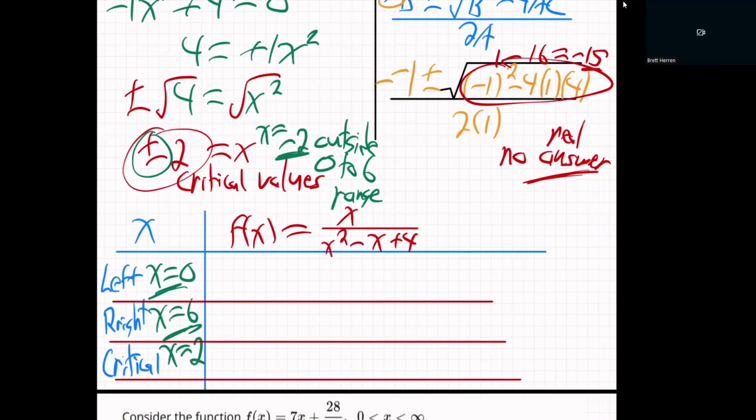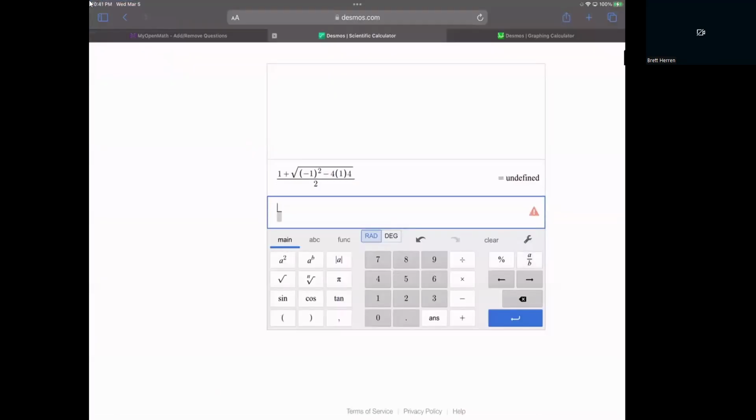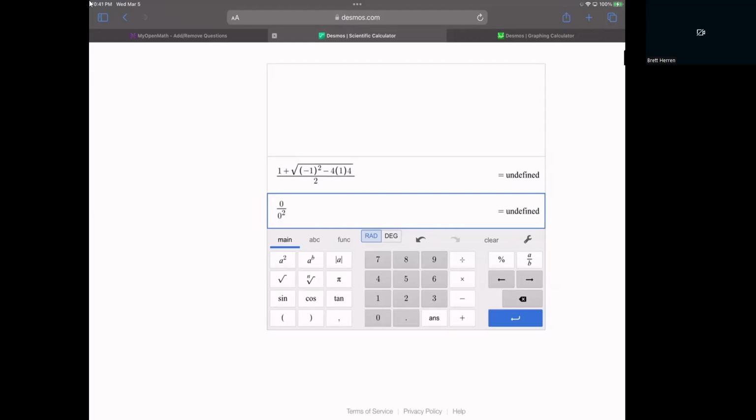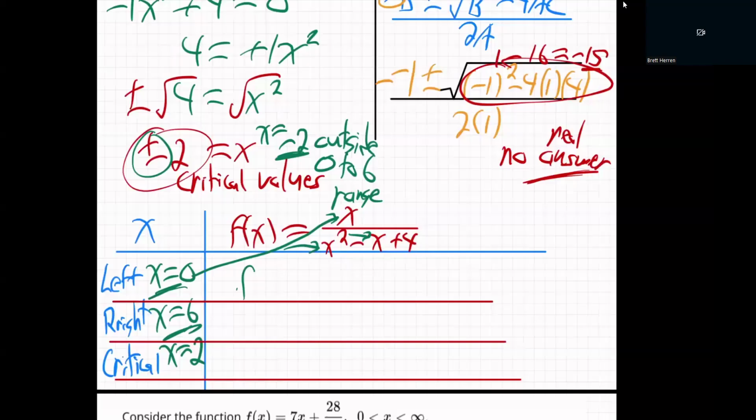Okay, here we go. So I'm going to put a 0 in there, there, there. Let's go to Desmos, do the fraction maker, and it's 0 over 0 squared minus 0 plus 4. Looks like a 0. So f is 0.